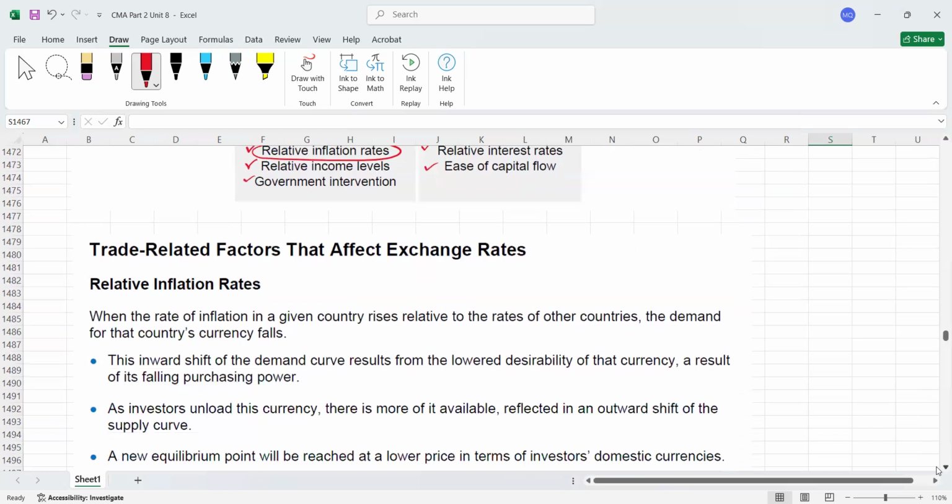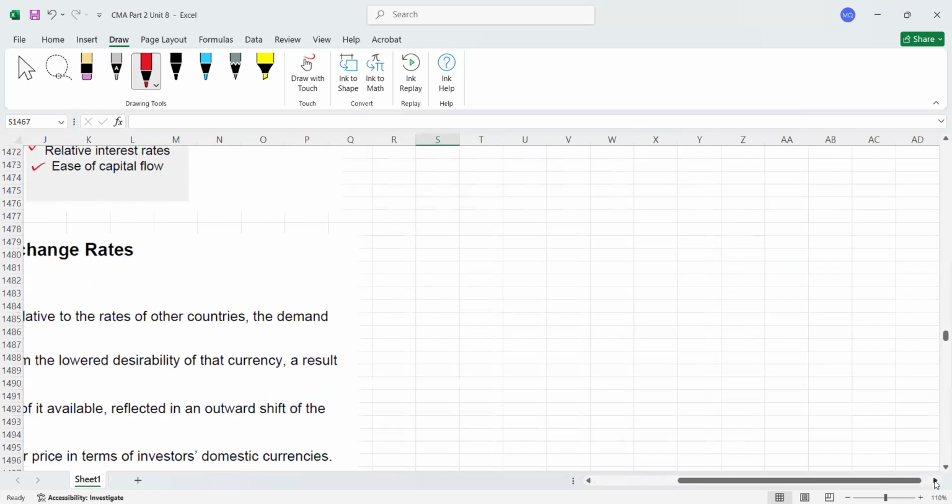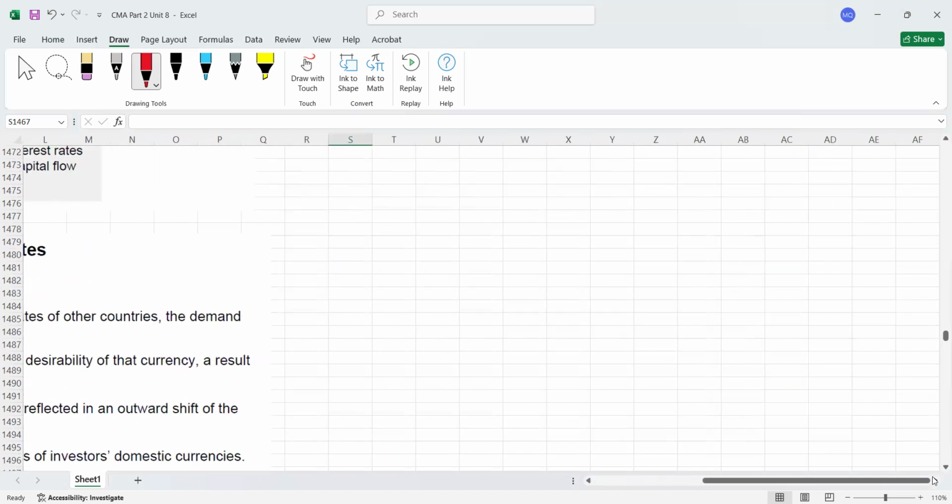Before moving to the text, let me give you a simple example to understand the mechanism of how inflation can affect the exchange rate. Let's assume you are in an international store trying to buy certain goods, and the goods are priced in different currencies.